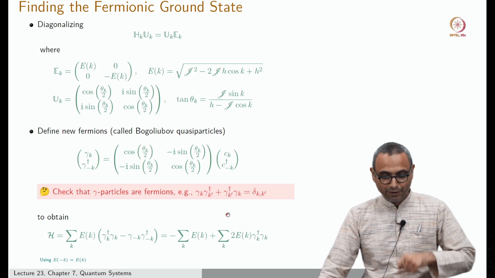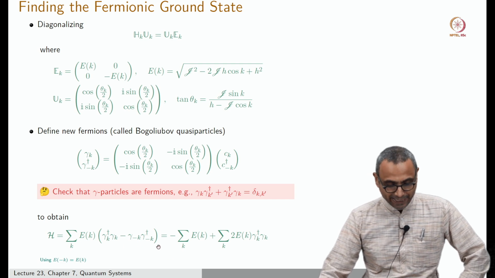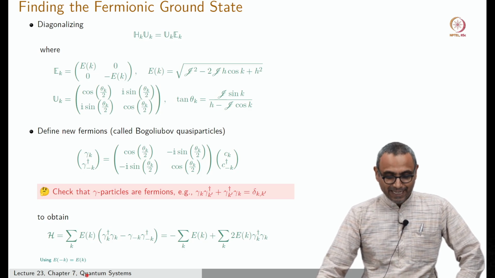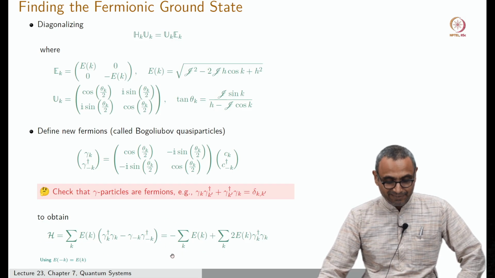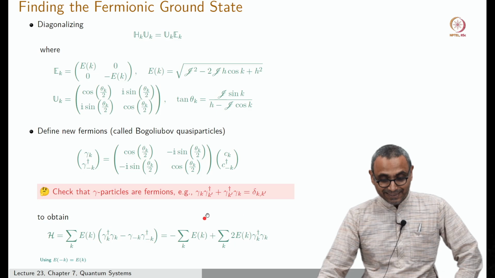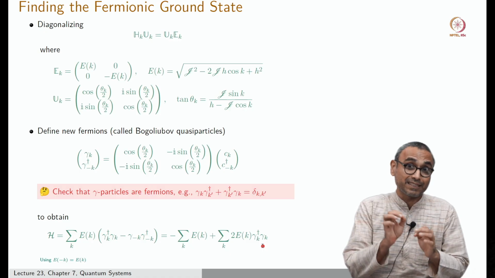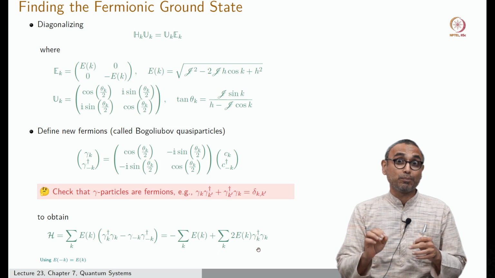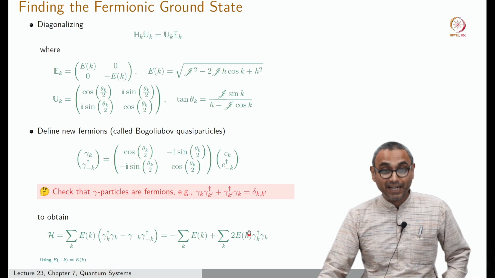You can just use the fermionic anti-commutation relationship and observe that summing over minus K is the same as summing over K, and all the nice details such as E minus K is E plus K. You will be able to see that the total Hamiltonian is this number, which is sum over K of Ek, plus twice Ek times gamma dagger K gamma K, which counts, remember n is like C dagger C, the number of Bogoliubov quasiparticles in the state K. So this operator's eigenvalues are either 0 or 1.